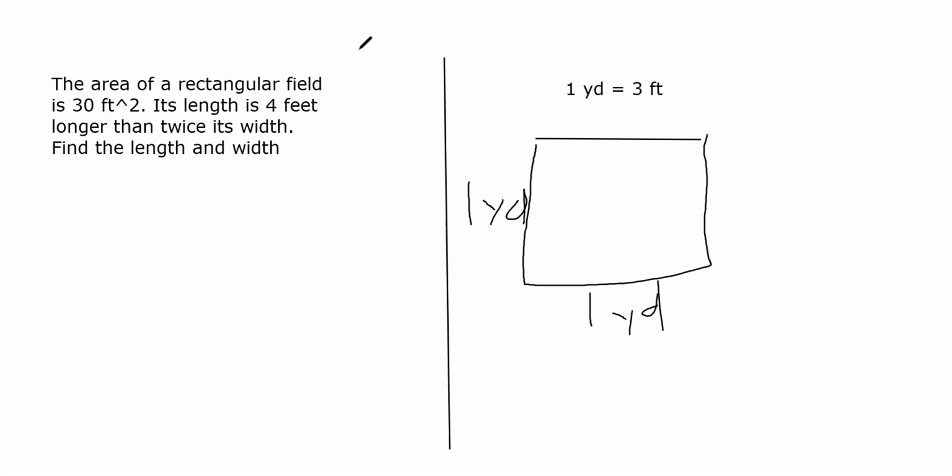Well, if you were to stick to your guns and say that 1 yard is equal to 3 feet, that means since both measurements were 1 yard, you have to say that this is 3 feet, and this is 3 feet as well. Same exact square, each 1 yard here, 1 yard here. But what would the area of that square be in square feet? Well, what's 3 times 3? Everyone say it out loud. 3 times 3 is 9.